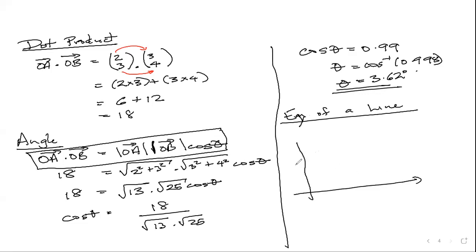To find the equation of a line, we need 2 points on the line. So let me take an example.